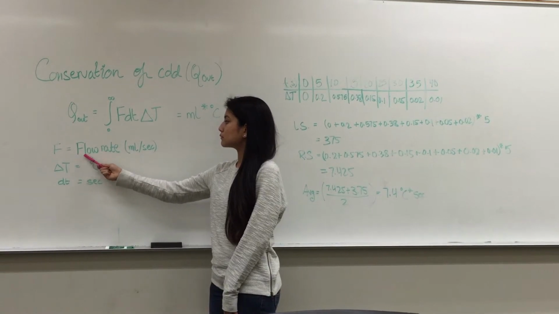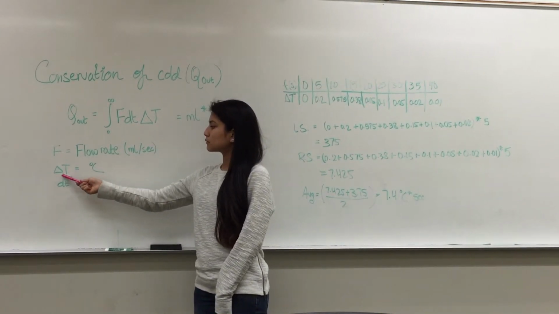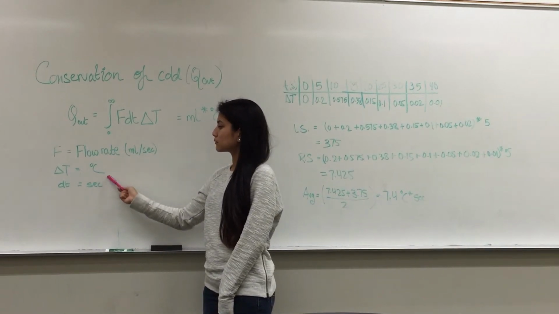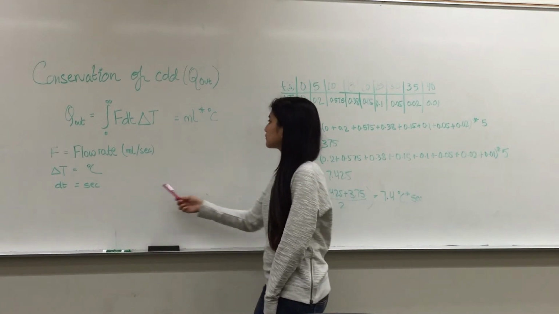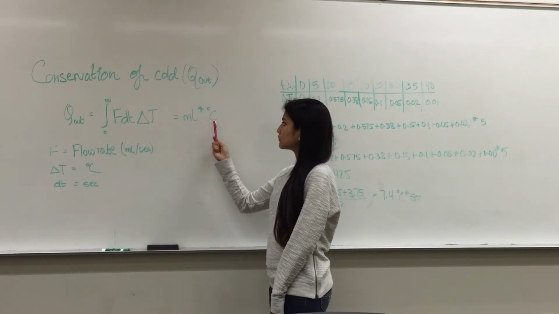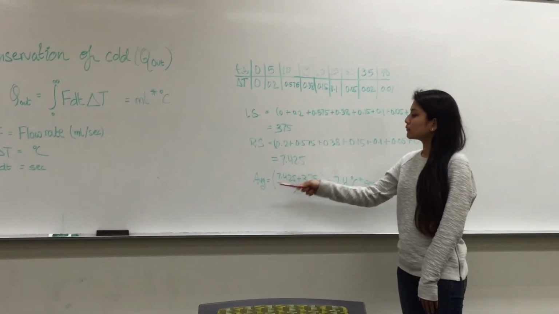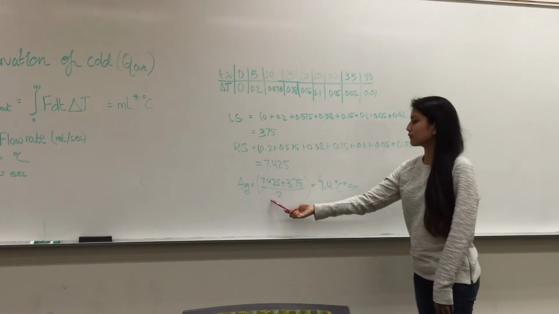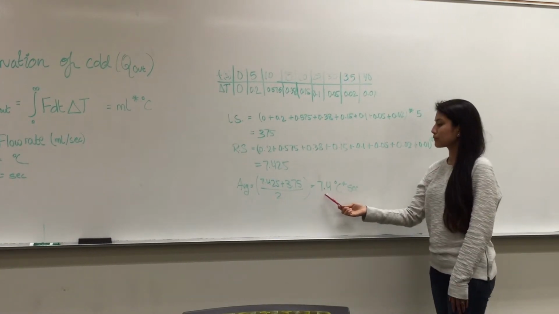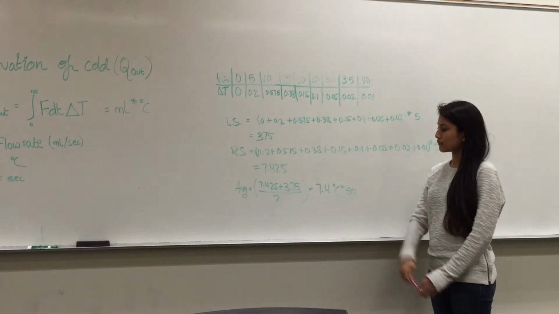F stands for flow rate in units of milliliters per second, delta T has units of degrees Celsius, and dt has units of seconds. The units of Qout are milliliters times degrees Celsius. We found Qout by taking the average of the left and right sums of the graph, which gives us 7.4 degrees Celsius times seconds.